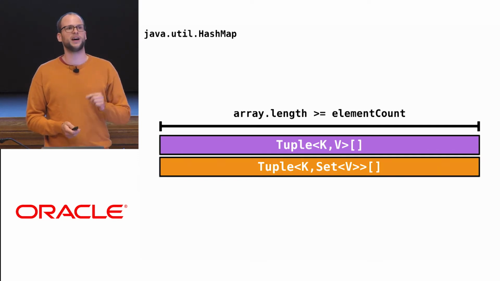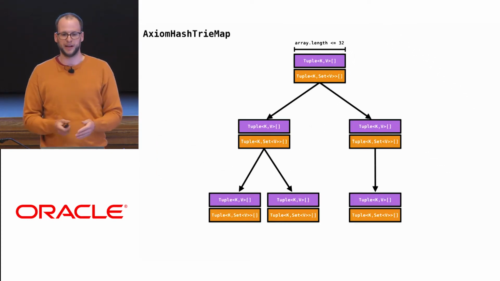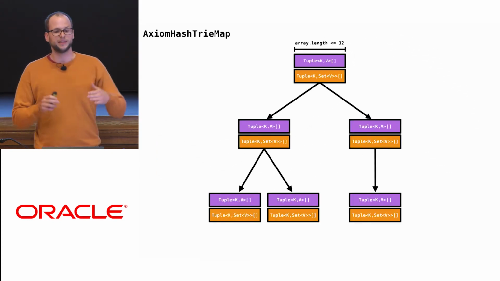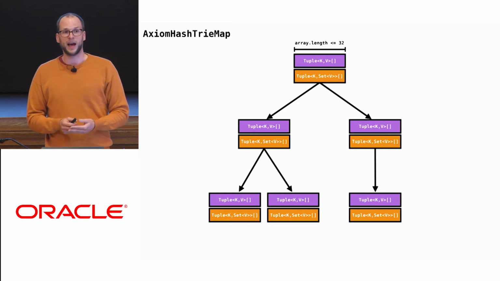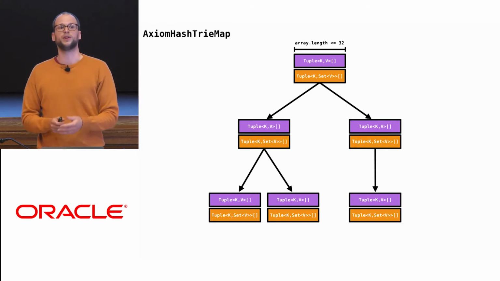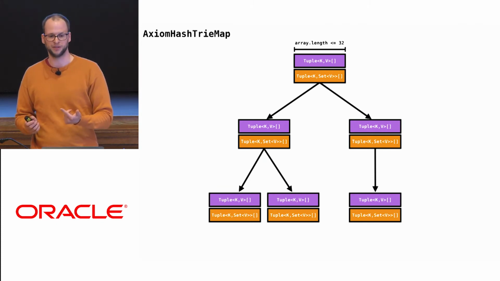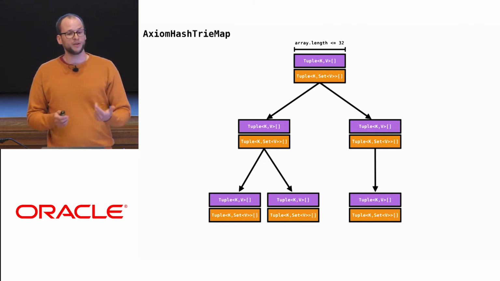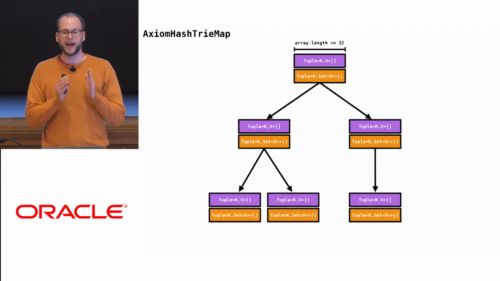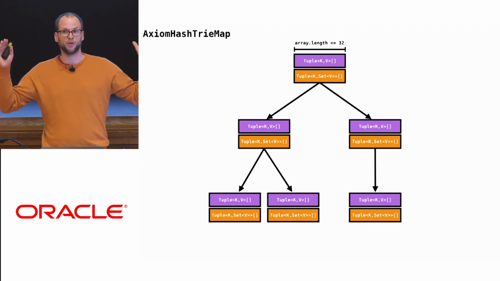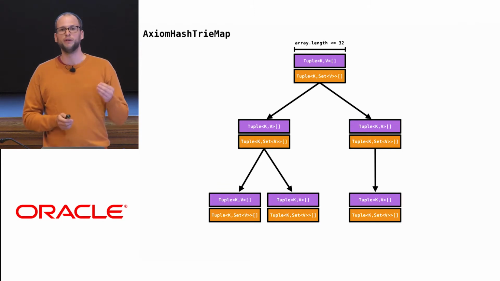But the data structure I'm going to talk about, the Axiom hash trie map, as the name already suggests, is not a flat array. Instead, it's a very shallow prefix tree. In my last year's talks at the JVM Language Summit, I covered some of the basics of the data structure. For now, all you need to know is that instead of having one large continuous hash map, we chunk that up into small fixed-size hash tables.